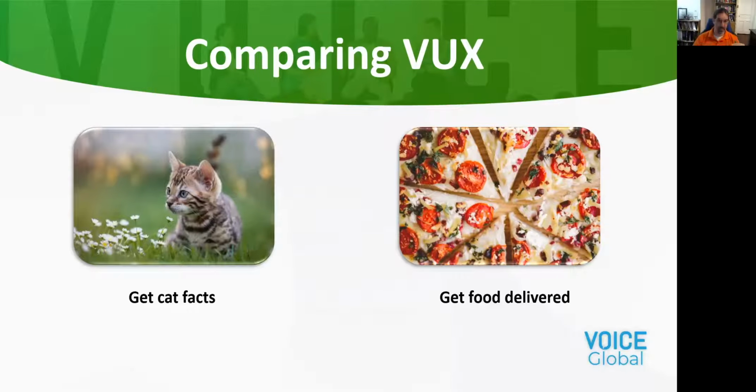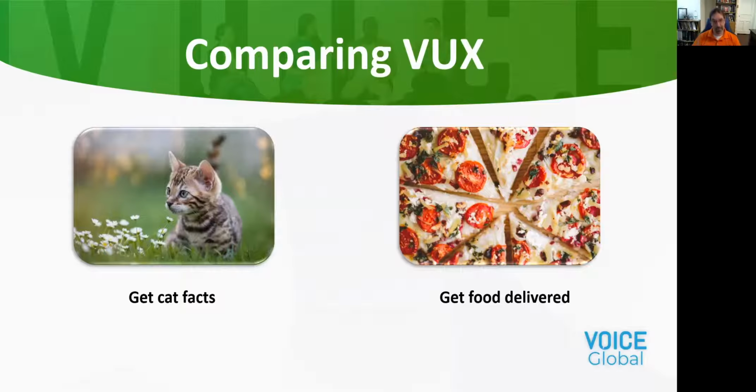You have a set of CatFax that's expressed in an array that's embedded in the code. There's no back-end integration. There's no need to collect any personal data. You ask for a cat fact, you get one at random, and then it asks you if you would like another one. There's no need to maintain state. There's no need to maintain any data after the session ends. There's no collection of private information. And so no privacy statement is necessary.